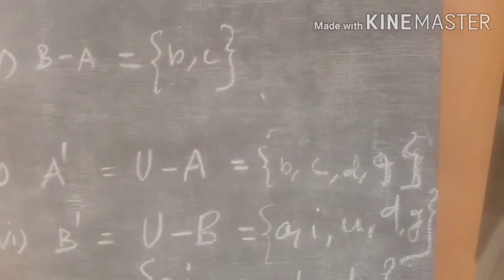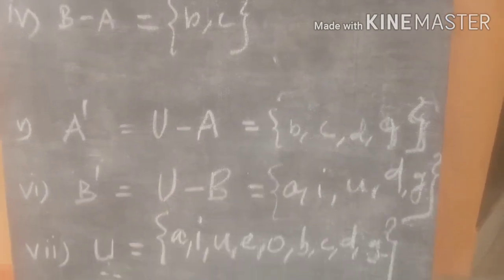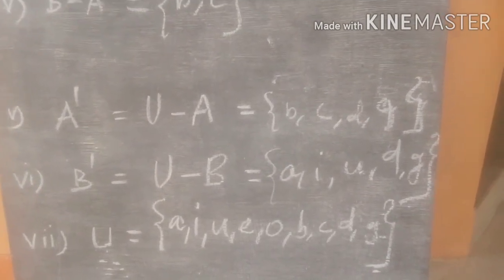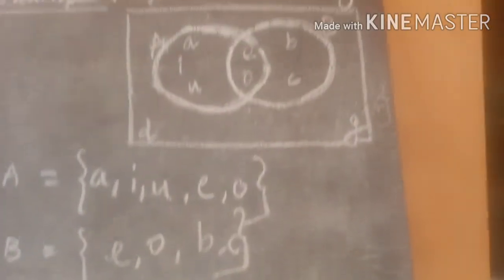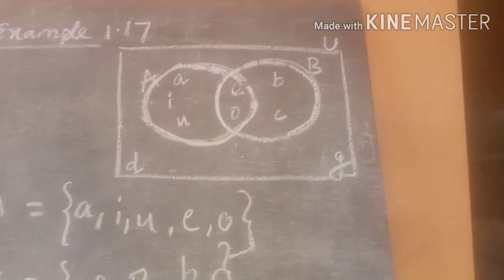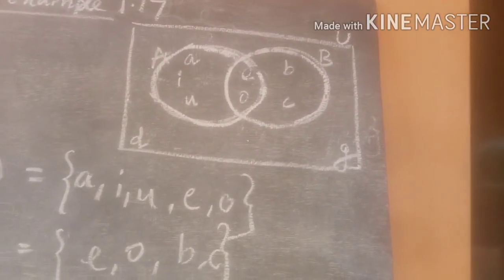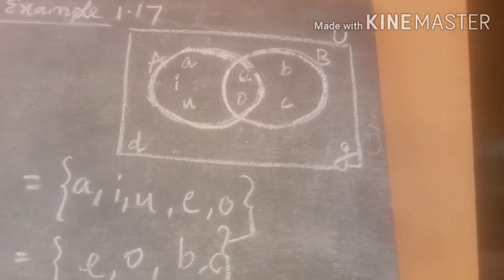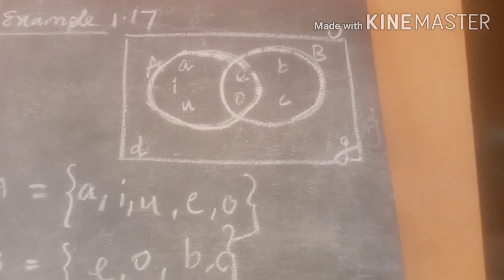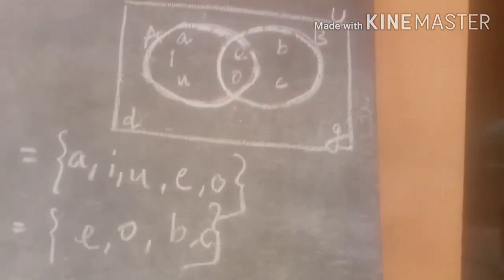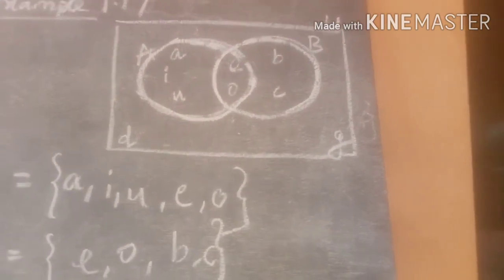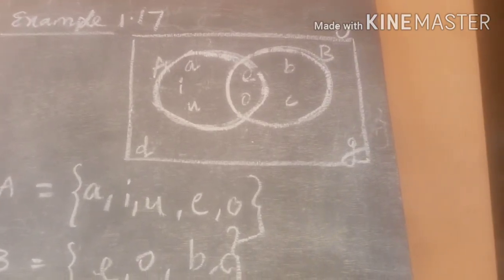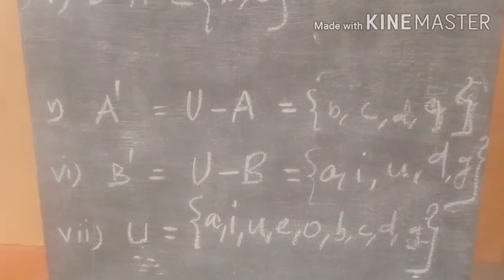Similarly, you have to do the B dash. And then U. U represents the whole entire diagram. Whatever is shown on the given diagram except the name of the set, you have to write every one. That is the answer of the universal set.